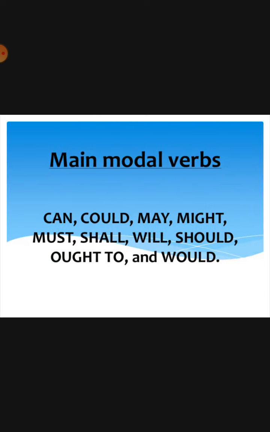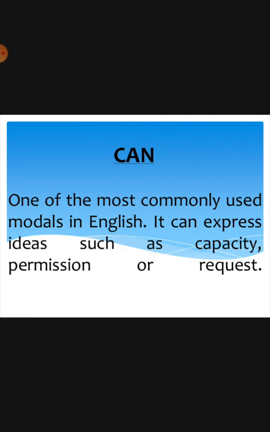The main modal verbs are can, could, may, might, must, shall, will, should, ought to, and would. So these are some of the modal verbs. The first modal verb is can.